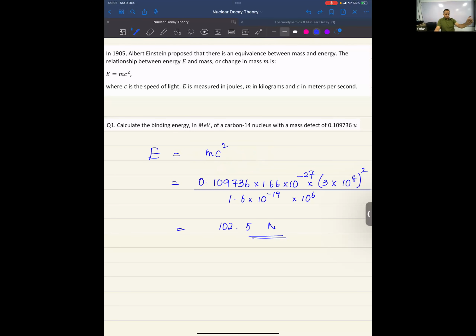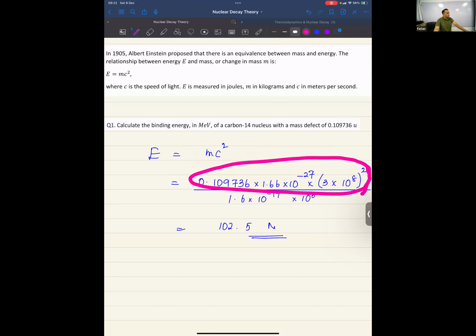So you know the mass defect, 0.109736 U. You convert it into kilograms, multiply by 1.6 into 10 to the power minus 27, and then c square, 3 into 10 to the power 8 squared. That will give you the binding energy in joules.